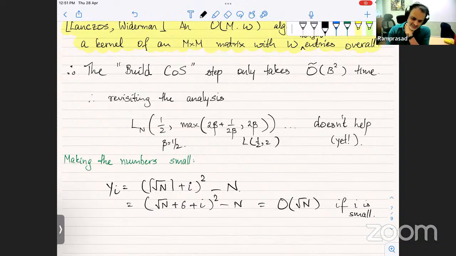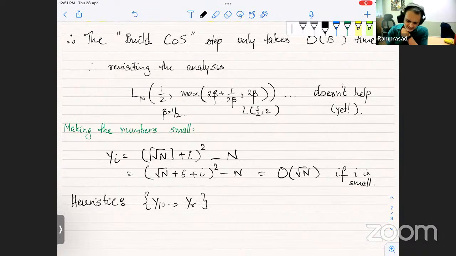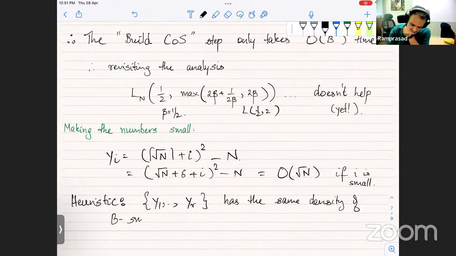Okay, and here is where we are now going to make this big heuristic, which is that y1 through y whatever, I don't know how many such numbers you're going to consider, has the same density of p smooth numbers as something in, let's say, 1 through n.